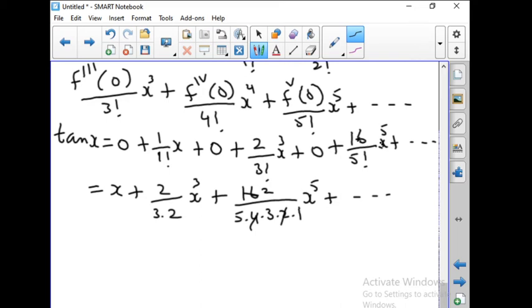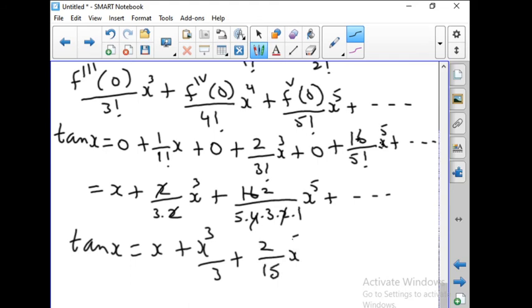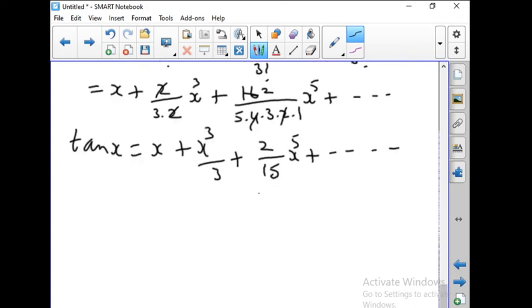Okay. So finally what is the answer? Tan x is equal to x plus இந்த 2 cancel ஆயிரும், x cube by 3 plus 2 by 15 into x power 5 plus etc. Okay, where minus pi by 2 is less than x less than plus pi by 2. Okay, so do it very carefully.